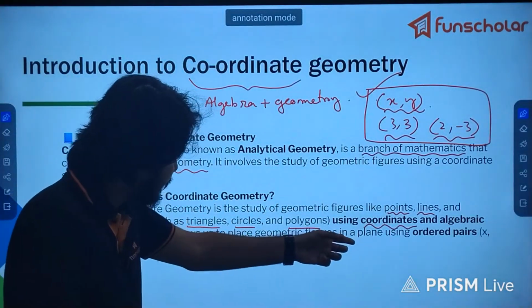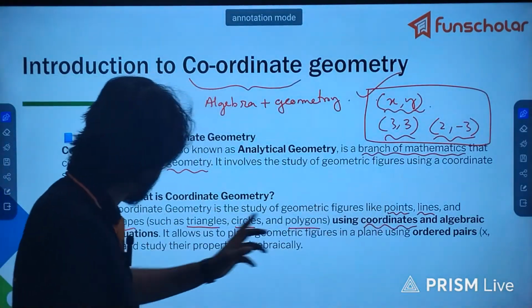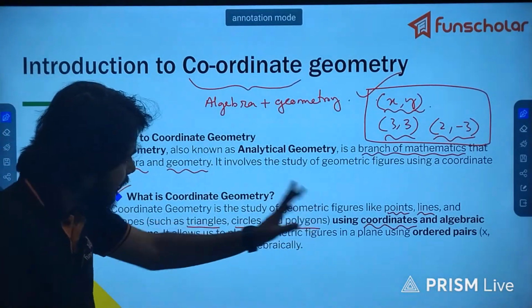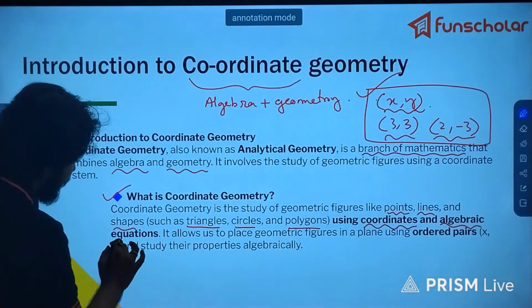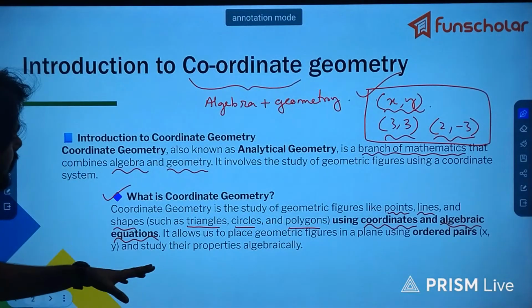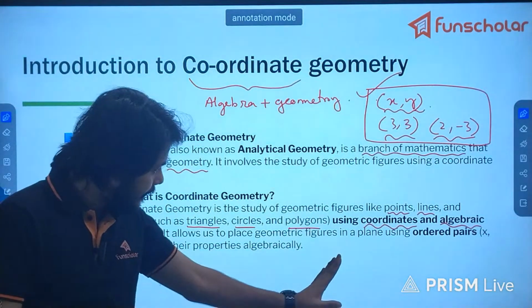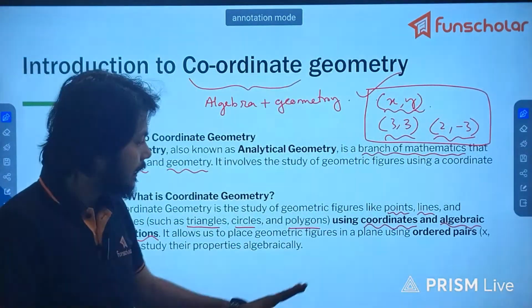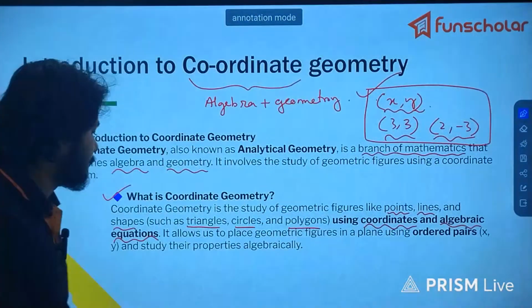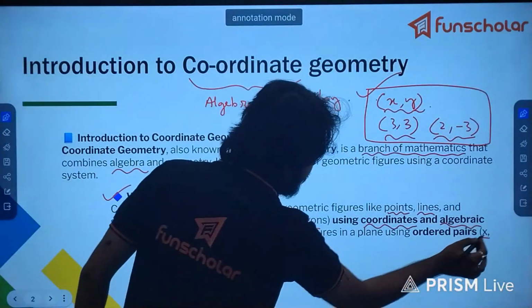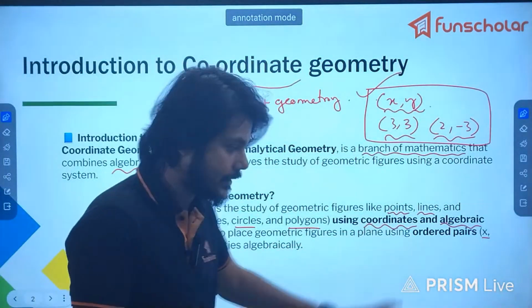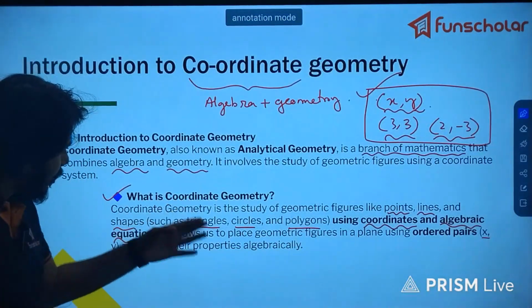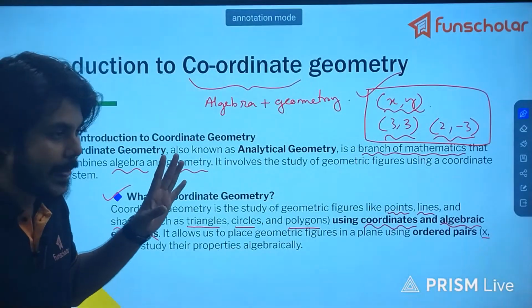Using coordinates, we define points, lines, shapes using coordinates and algebraic equations. It allows us to place geometric figures in a plane using ordered pairs, x comma y, ordered pairs. We will also see what is the meaning of ordered pairs and study the properties algebraically.